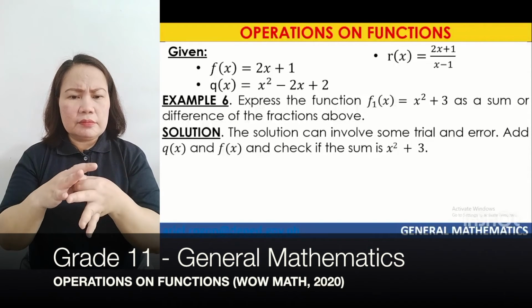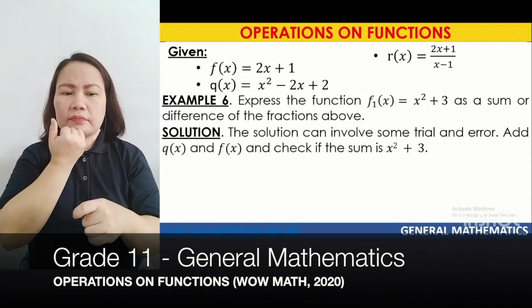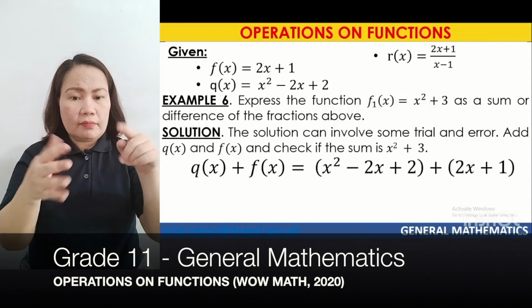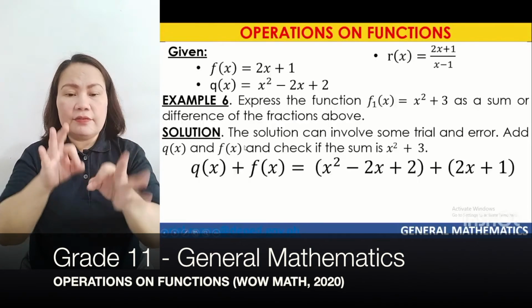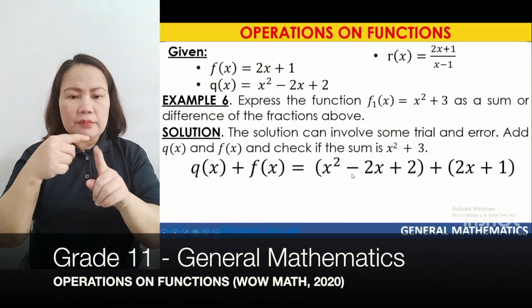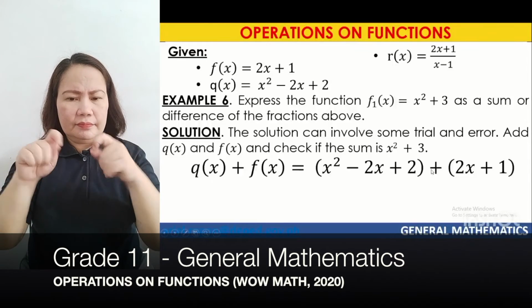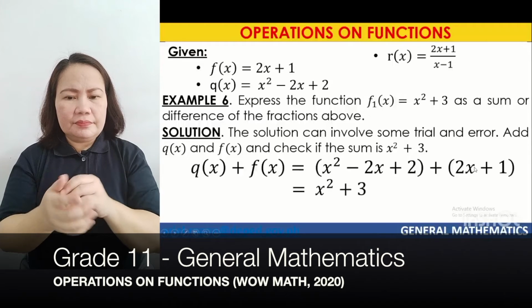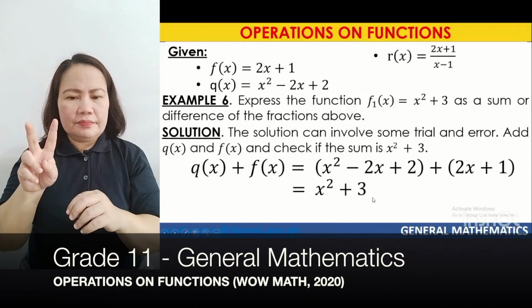Add q of x and f of x and check if the sum is x squared plus 3. So, we try q of x plus f of x. Try natin i-add. Copy x squared, no? Negative 2x plus 2x cancel. So, the answer is x squared plus 3.